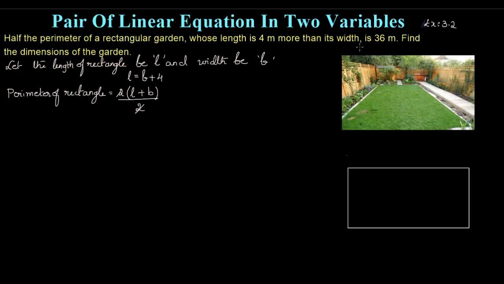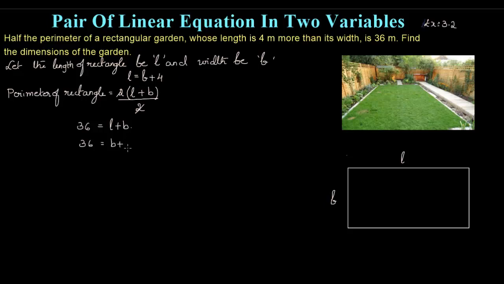Perimeter of the rectangle, which they have given as 36, is equal to length plus breadth. So 36 is equal to length, which is B plus 4, because just now we have got this from the statement given in the question.